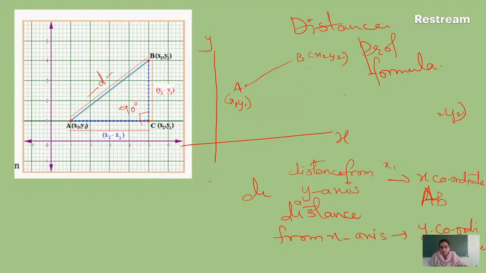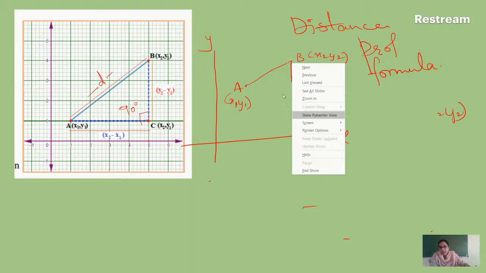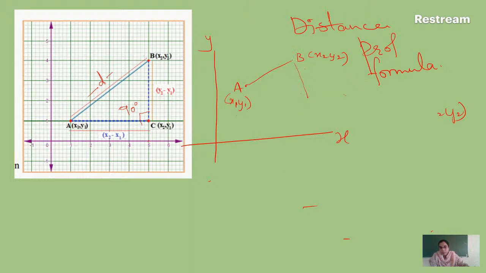Now, to get more clear, what is the distance of a point B from the x-axis? Suppose this is your point B. This is the distance, and it is represented by y2. And for point A, the distance from the x-axis is represented by y1.